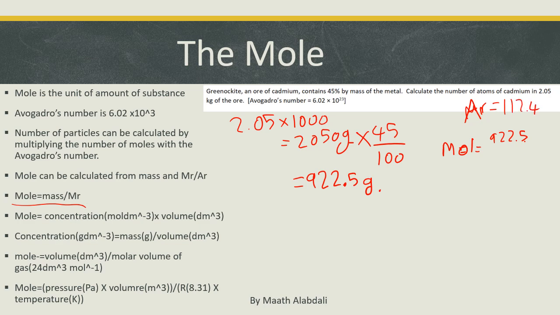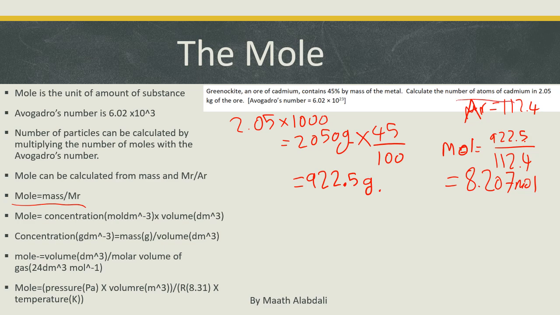So 922.5 divided by 112.4 should give you 8.207 mole. But the question says calculate the number of atoms.